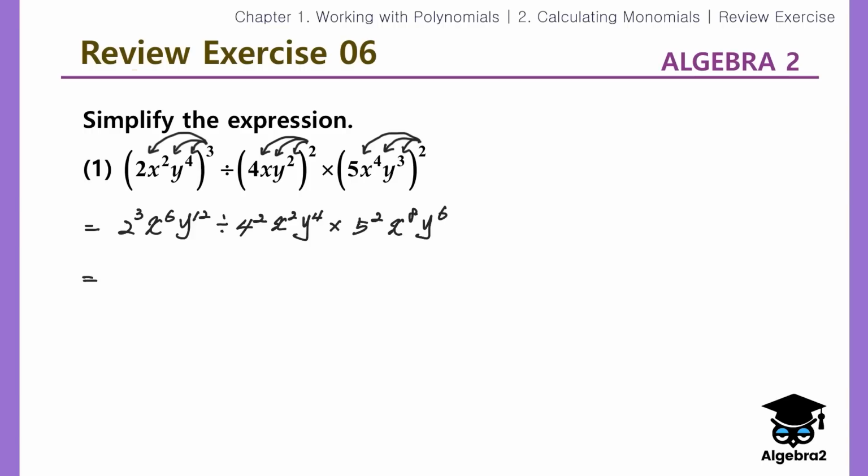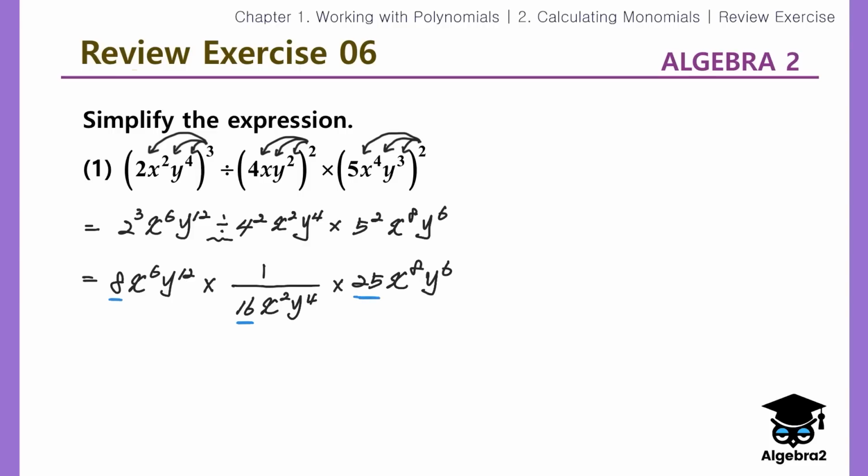So, next step, I'm going to convert this division to multiplication. So we have 8, x to the 6, y to the 12, multiplied by 1 over 4 squared, that's 16, x squared, y to the 4, times 5 squared, that's 25, x to the 8, y to the 6. So, numbers, then variables. We have 8 times 1 over 16 times 25, right?